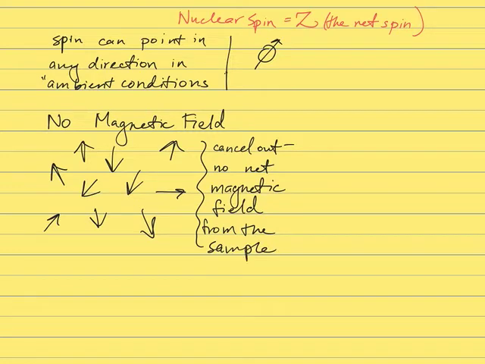So yes, each individual atom has this sort of spin component, but as a whole, the sample doesn't, because these spins can point in all directions and cancel each other out.